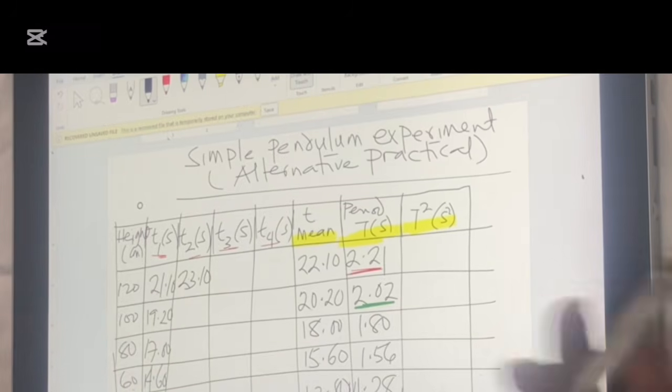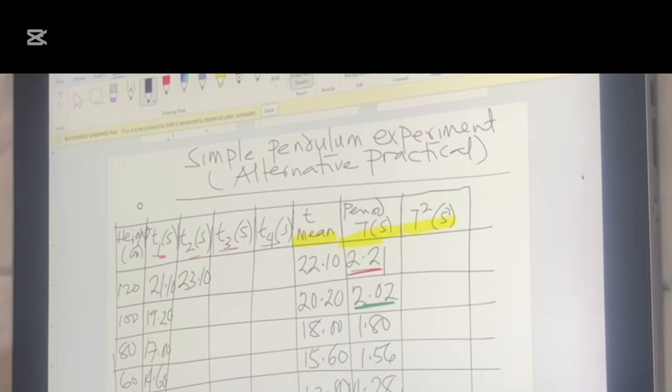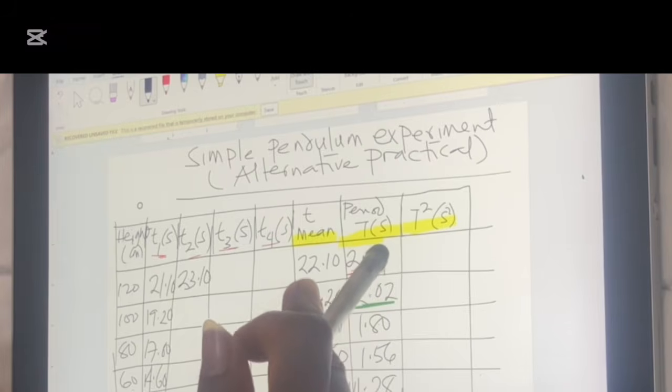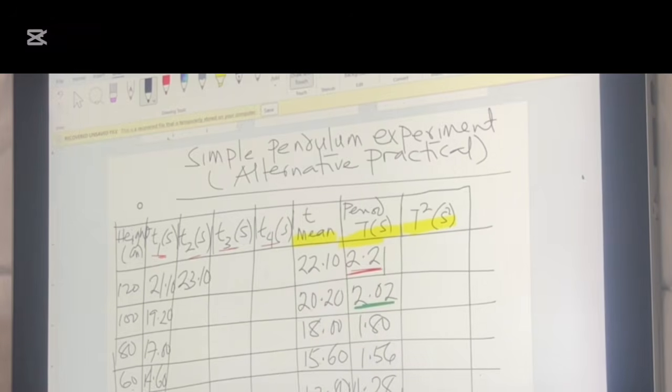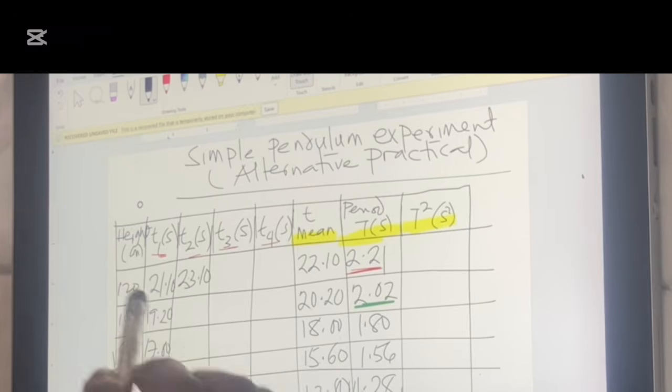So the next one here, 2 times 20.20, the answer is 40.4. Subtract 19.20 from that, and I will have 21.20.